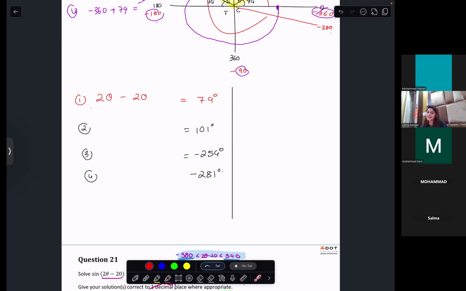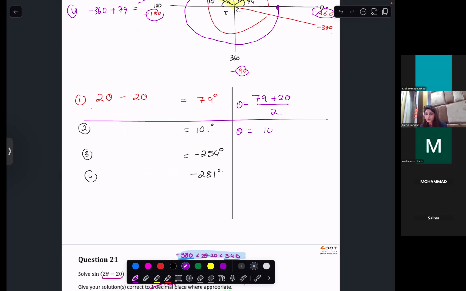But now I'm looking at the theta. After I find the equivalent angles, in this I am going to do plus 20 and then divide by 2 to get my theta. So that is why I told you that was wrong. Here I will do plus 20 divided by 2.